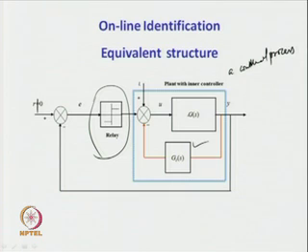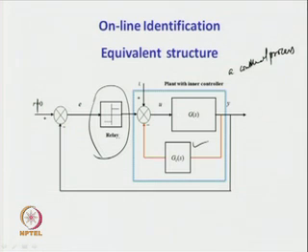Now, in contrast to the offline control scheme or the conventional relay control scheme, the relay is subjected to a closed loop system. Earlier, the relay was subjected to the process dynamics only, whereas in the online identification scheme, the relay is subjected to a process with a controller in the loop.